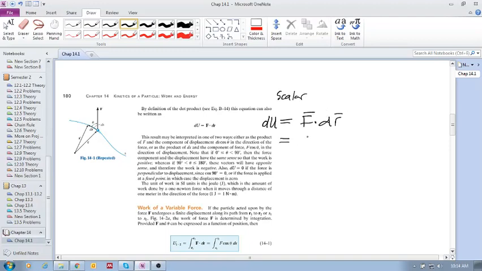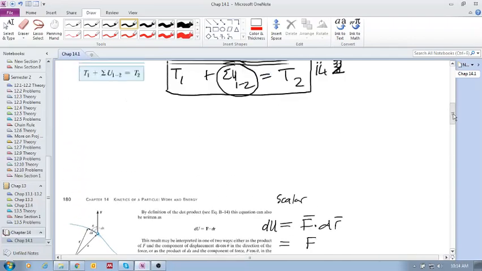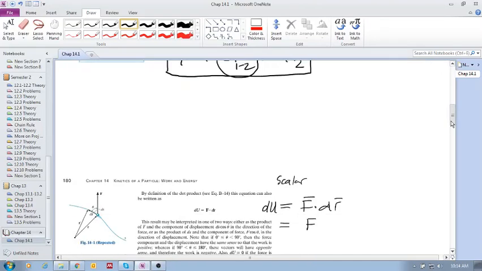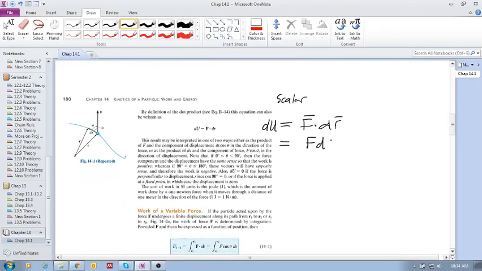In scalar form, it is equal to f ds cos theta. These are the same. It's the magnitude of the one vector times the magnitude of the second vector times the cos of the angle between them.